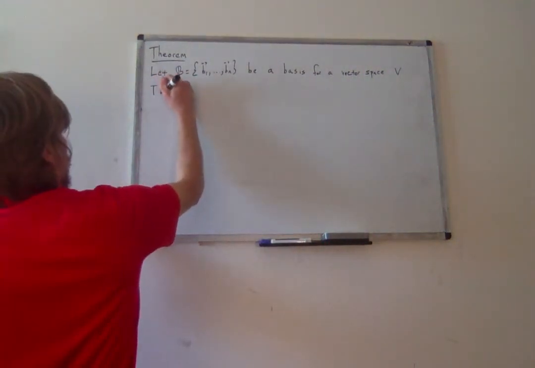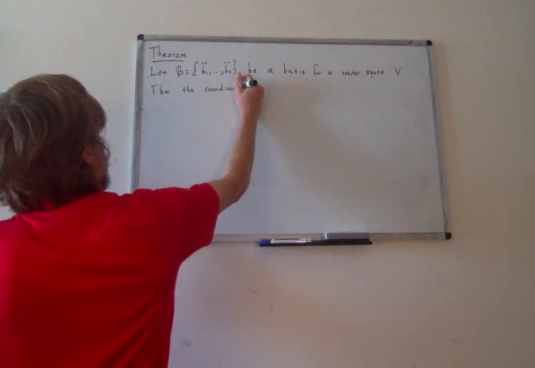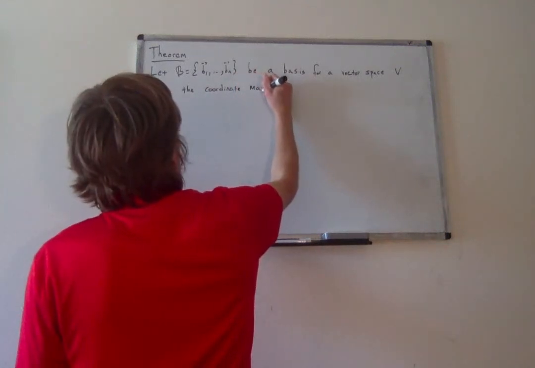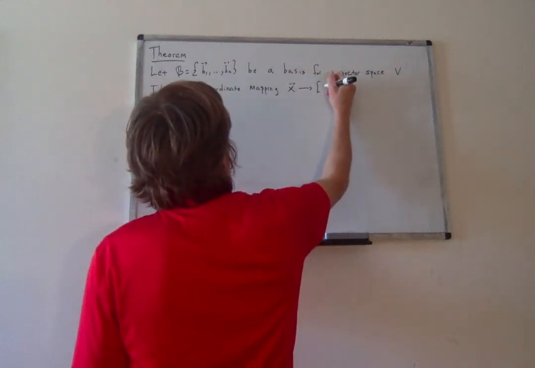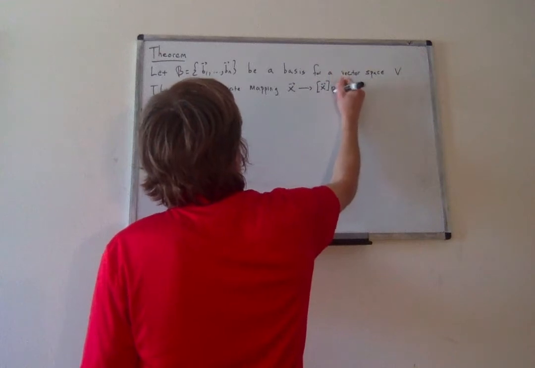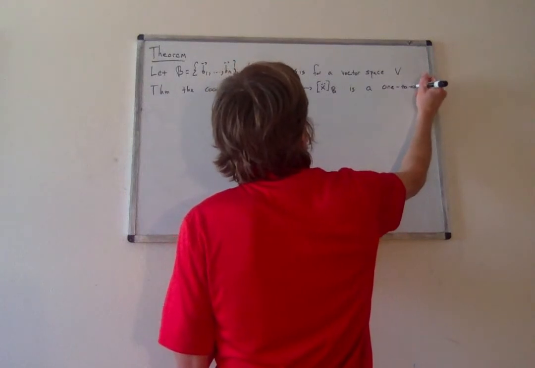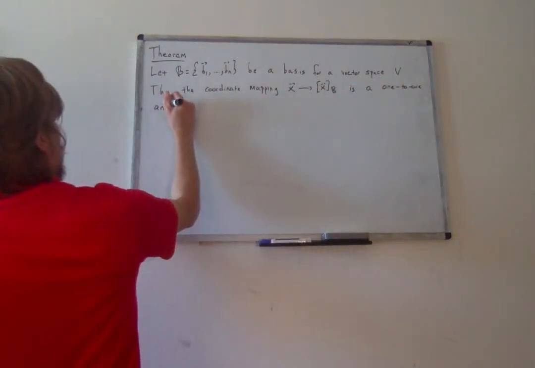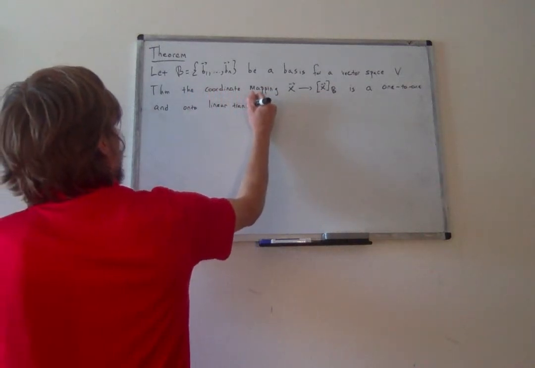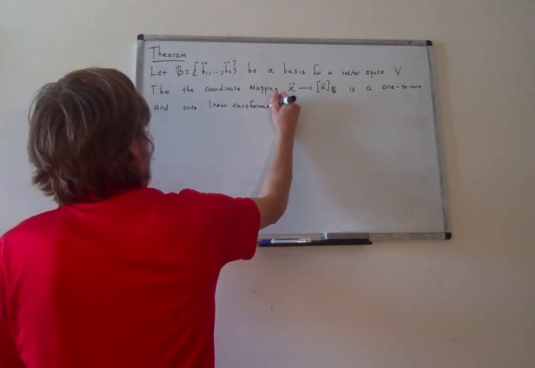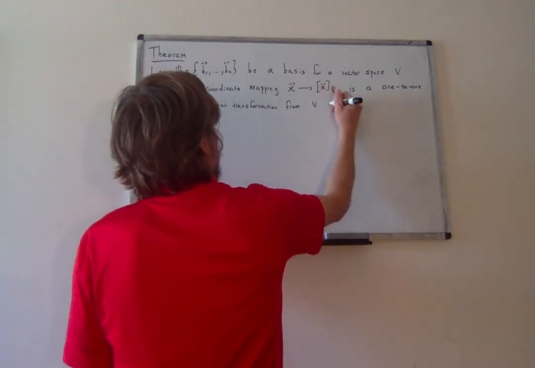So then we know that the coordinate mapping of x to its B representation is a one-to-one and onto linear transformation from V to Rn.